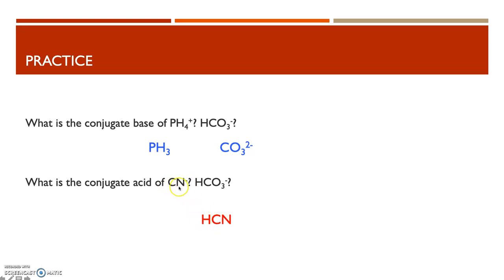So HCN is the conjugate acid of this base. Same thing here with HCO3-. This will accept a proton H+. The minus here and the plus from the proton are going to cancel out, and I'm going to get H2CO3. So this is the conjugate acid of this base.